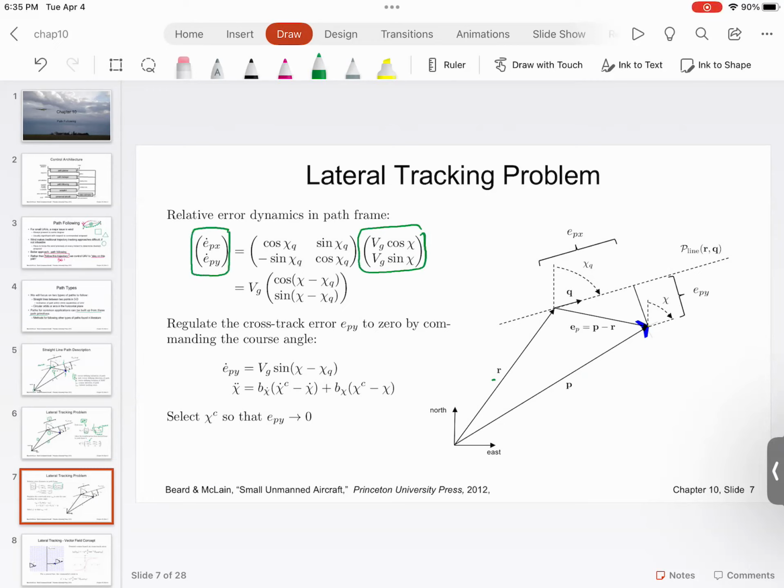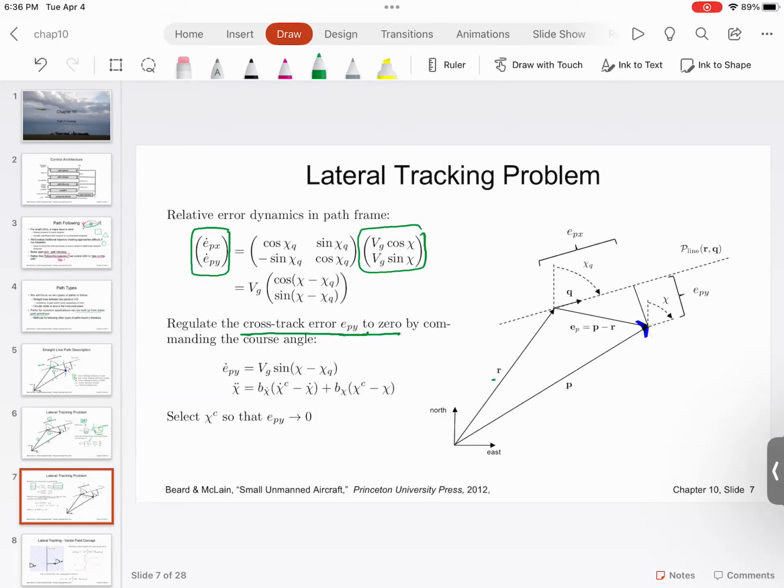E dot Py. And now what's going to happen is, I'm going to use some type of a PID control to minimize that error. And that error, which is nothing but EPY, is also called the cross-track error.